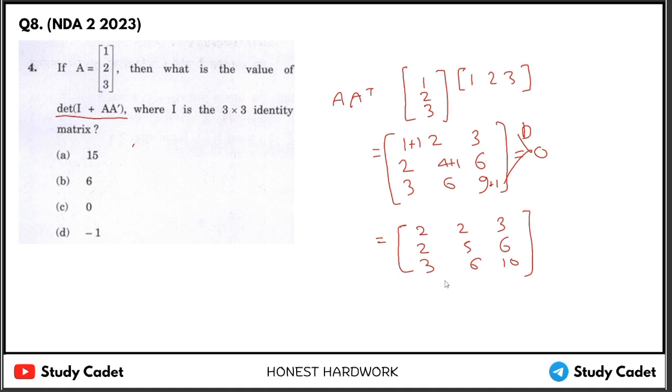Now we need to solve this. 2 times (50 minus 36) and so on, and it comes to 15.